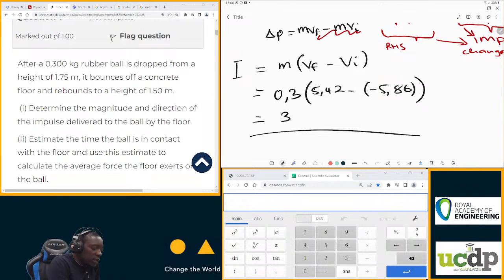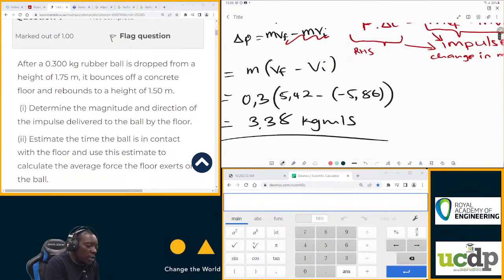So this gives us 3.38 kg meter per second, and the direction is in the positive j, because the 5.42 is also in the positive j. So this is 3.38 kg meters per second.